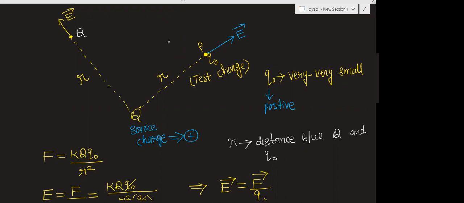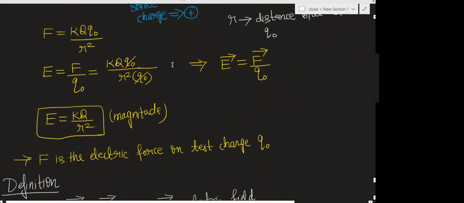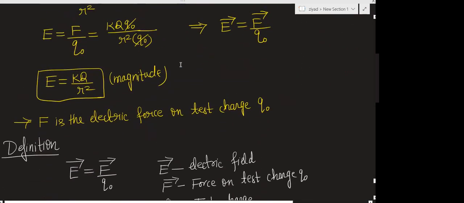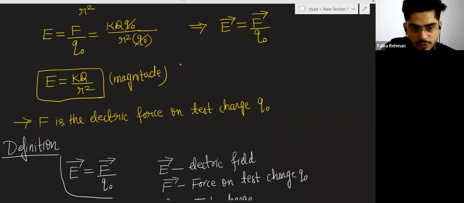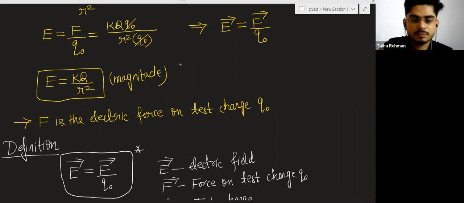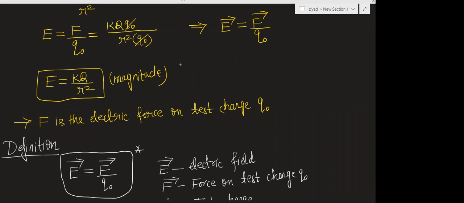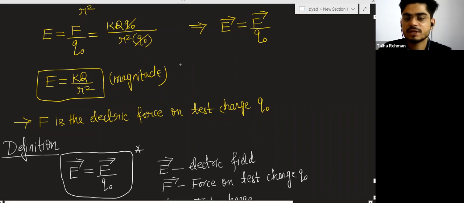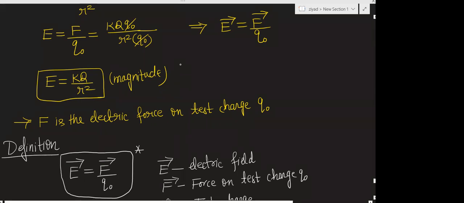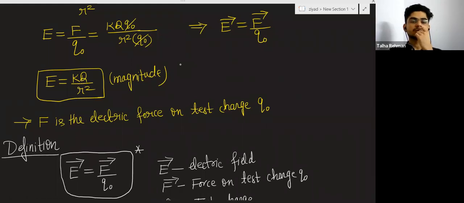You can scroll down. Electric field can be written in this form also, in vector form. But you will always take here Q naught as the test charge, and that too very small.